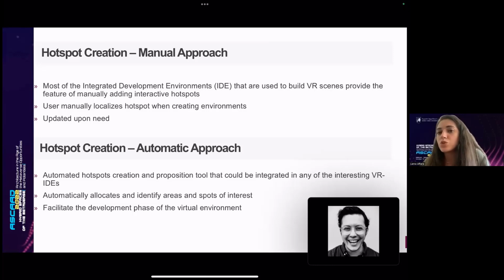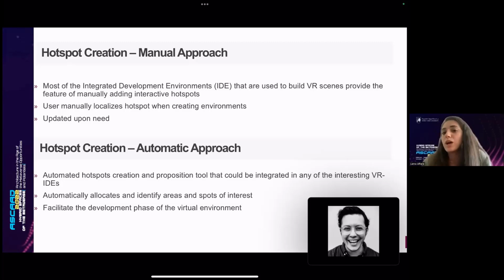In our approach, we want to do it automatically. So we want to make use of computer vision techniques that are currently available, and try to automate this process to make the creation of hotspots in the scene easier for the creator of the environment, and even to make it smart in some sense.